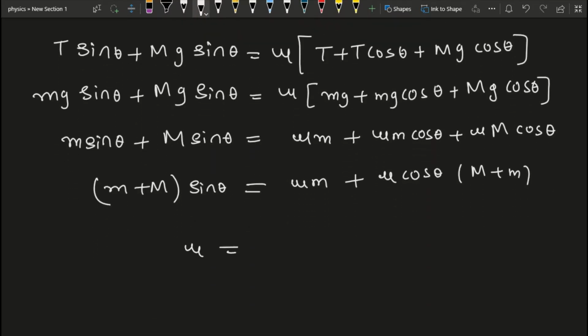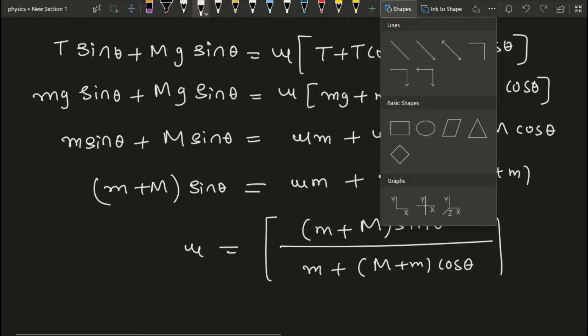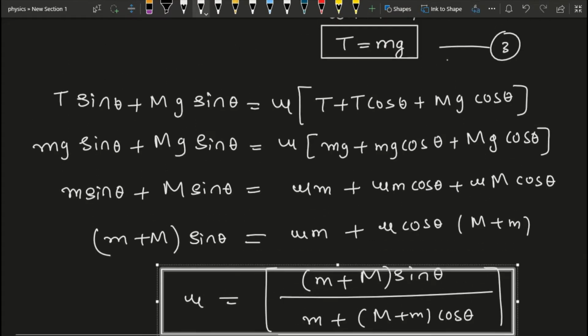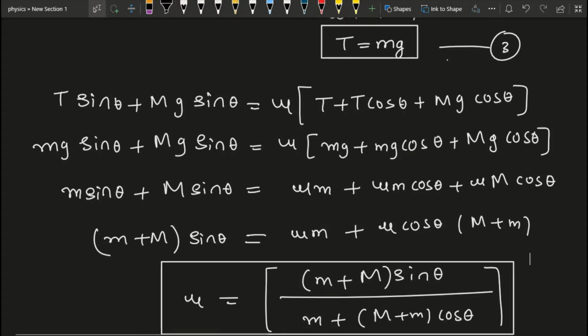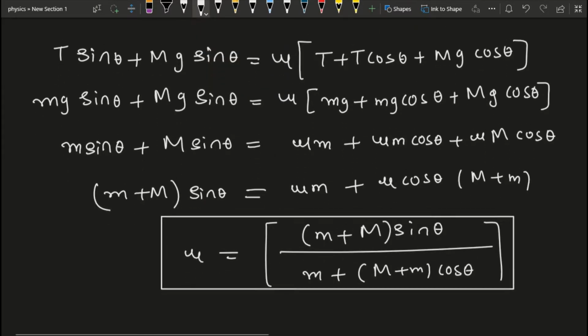Mu is equal to small m plus capital M into sin theta divided by small m plus capital M plus small m into cos theta, as we have already separated. So this is the coefficient of friction when the system is at rest. When the system is at rest means the system is not moving. So this is the coefficient of friction in this situation.